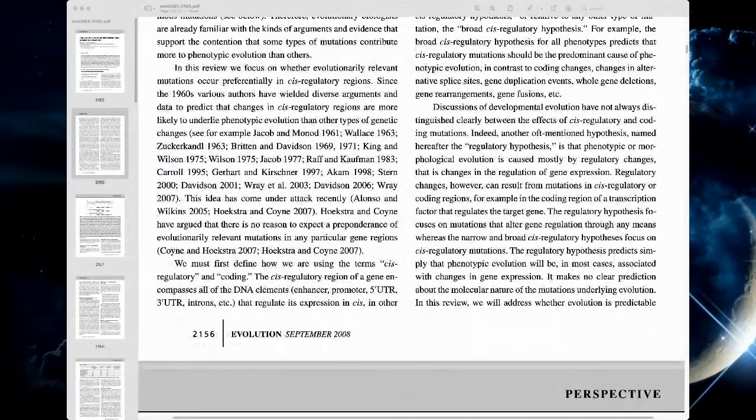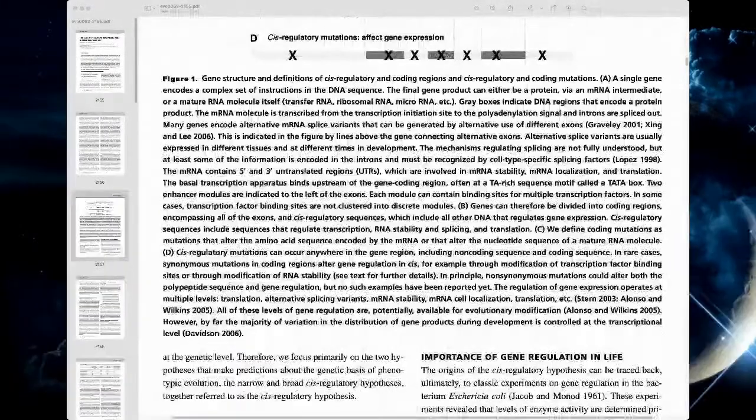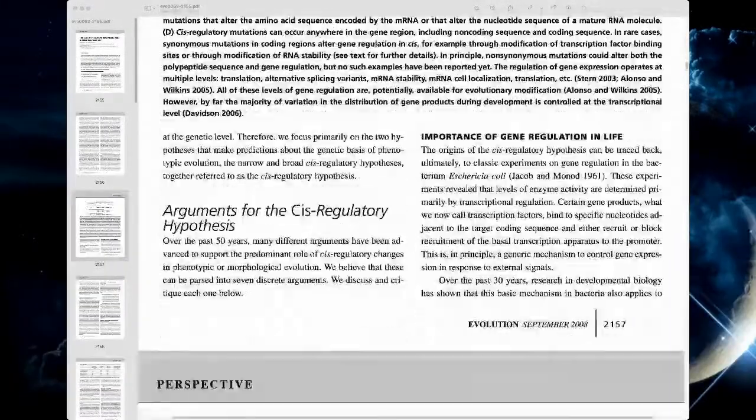Because if you have a pleiotropic gene, then changing the coding sequence is going to have a bigger effect than changing the regulation, right? Okay. Would that be under arguments for the cis-regulatory hypothesis? Yeah, I think so. I'm not sure exactly how it's organized, so we may be going back and forth.